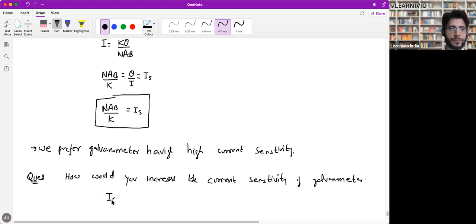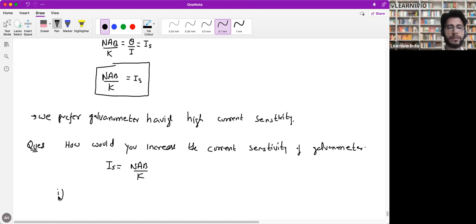So current sensitivity is NAB over K. So let's see. What is N here? Nazira, what is capital N here? Number of turns. Good. So your IS is directly proportional to N.